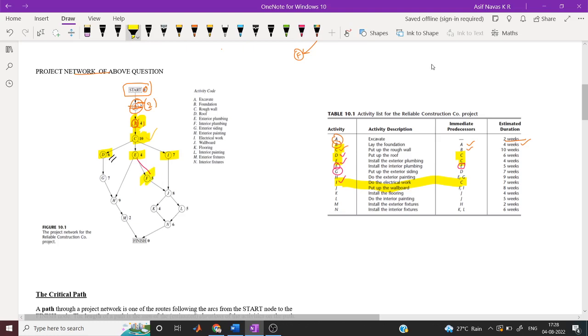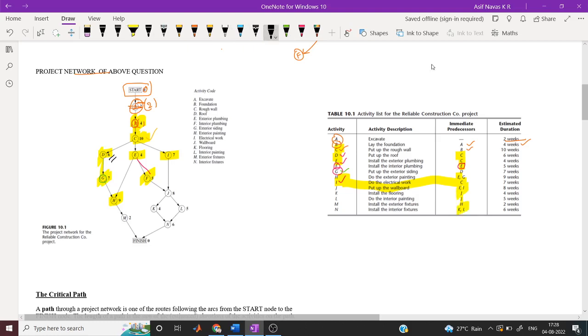Sorry, E is the immediate predecessor of F. Again, E is the immediate predecessor of H. So E goes to H. Then there is no other. Next, G. G is the immediate predecessor of D. D is not the immediate predecessor of anything.